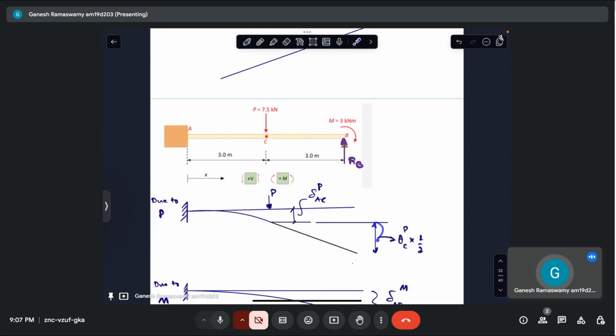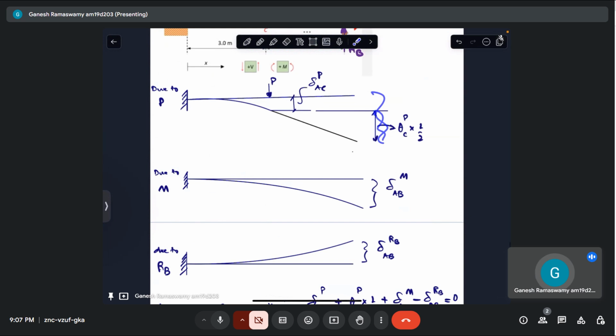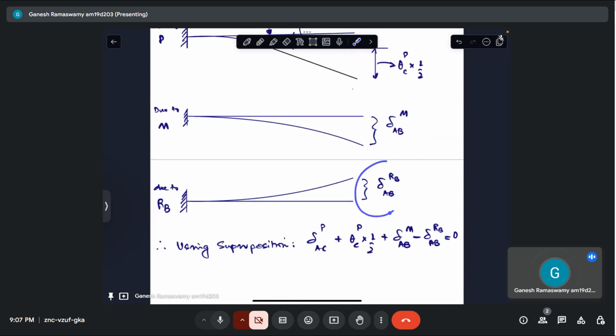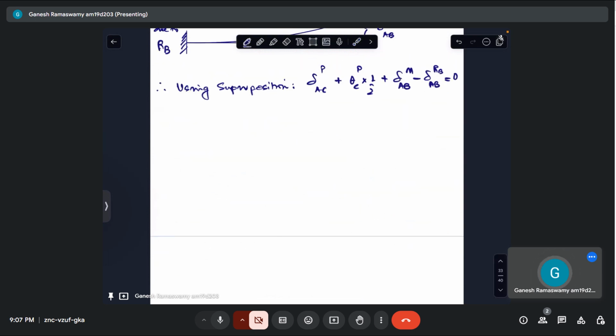Basically, I have just added these quantities. This is the total deflection due to P. This is the total deflection due to M. Both are downwards. And RB tries to nullify that to bring it back to 0. So that is essentially what I've written.